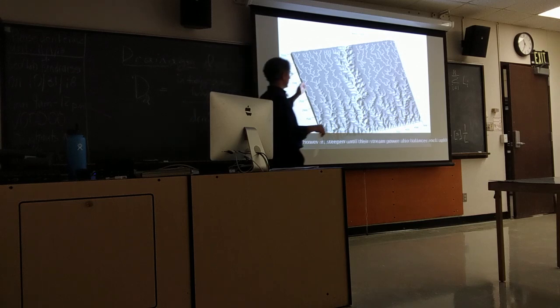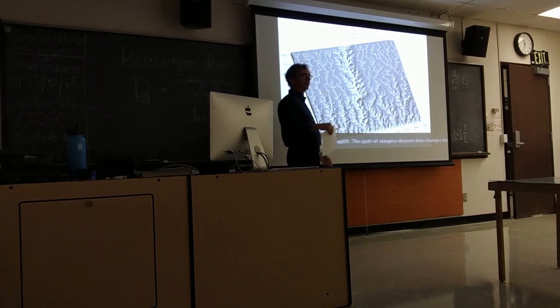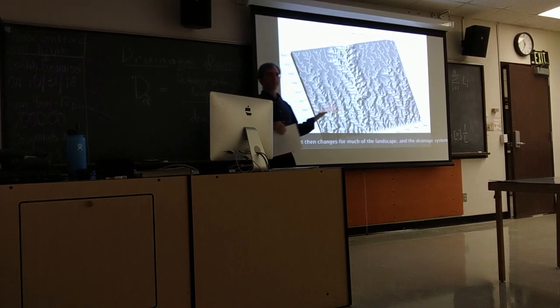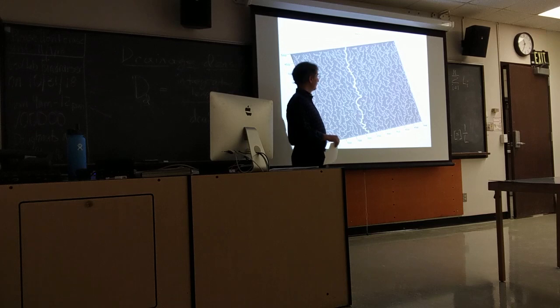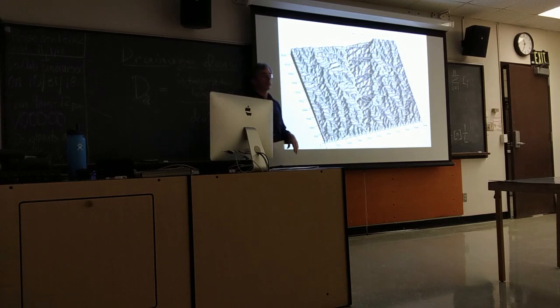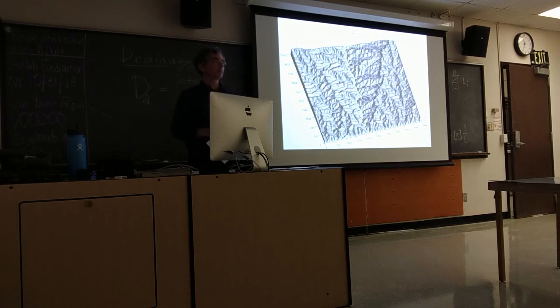Literally I'm running a numerical diffusion equation on the entire landscape. The magnitude of that diffusivity in that equation determines where diffusion is enough to outcompete the fluvial processes that are trying to cut the landscape apart into channels.